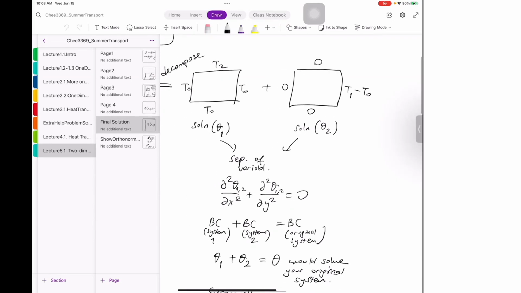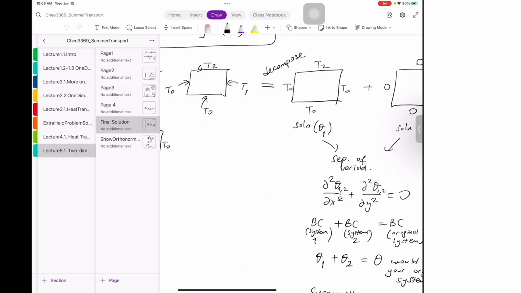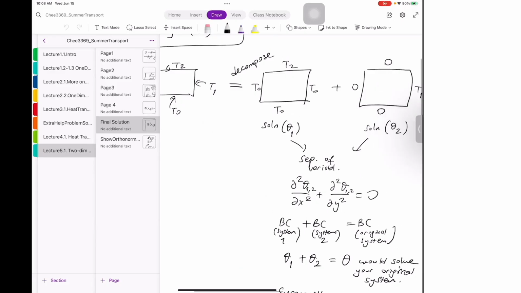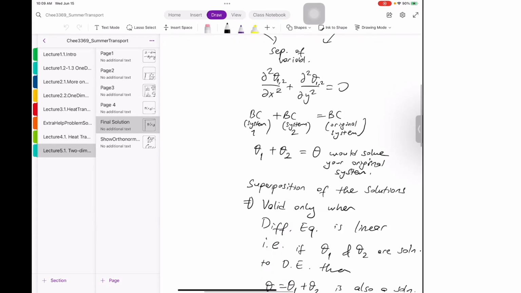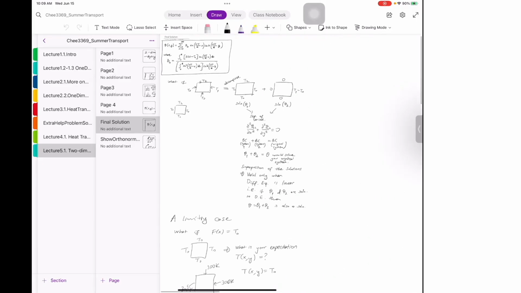So you can come up with 2 different solutions, theta 1 and theta 2, and the sum of the 2 solutions is going to give you the solution of the original problem, because the boundary conditions add up, and also since the differential equation is linear, the sum of 2 separate solutions which satisfy the differential equation must also satisfy the differential equation. If you don't have any questions, I'm going to continue with the next topic.